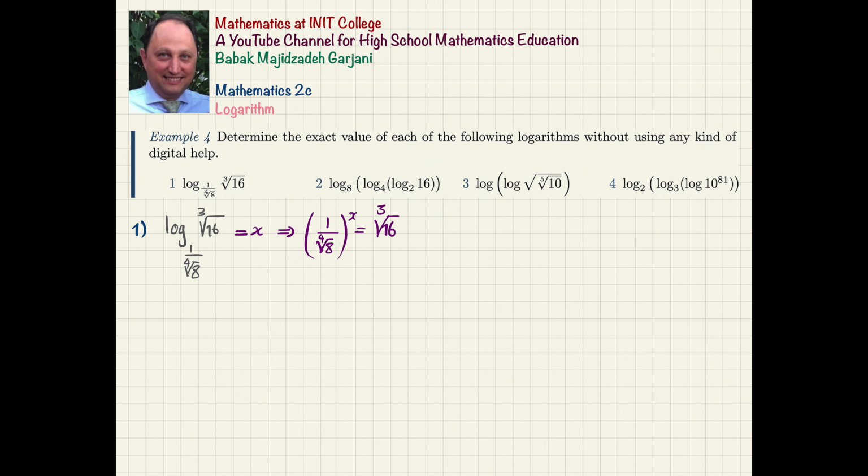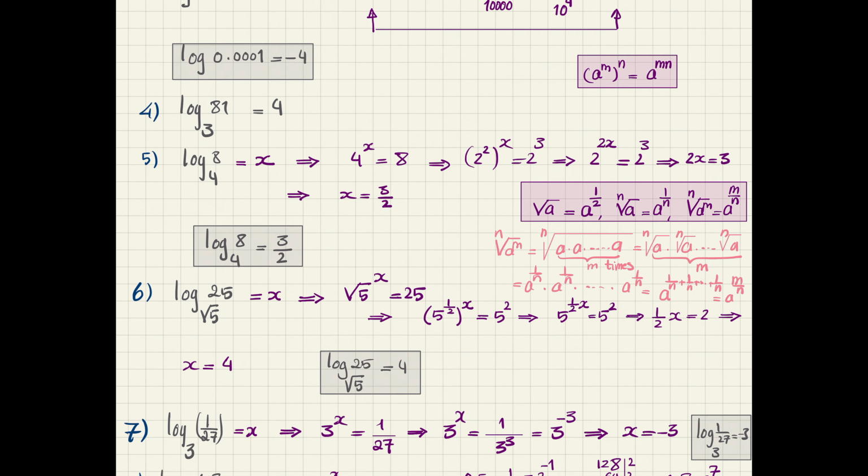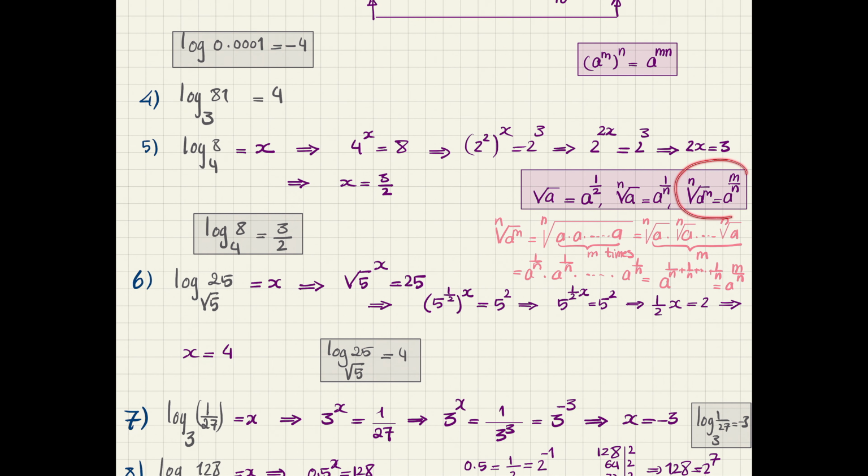But let me remind you again, I want to use this formula at the very end. If I have the nth root of some number a to the m, you write a here, and then you make a fraction as the exponent. What you get here you put in the denominator, and what you get here you put in the numerator. So I want to use this formula here.